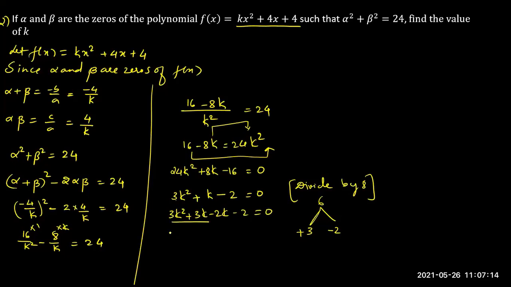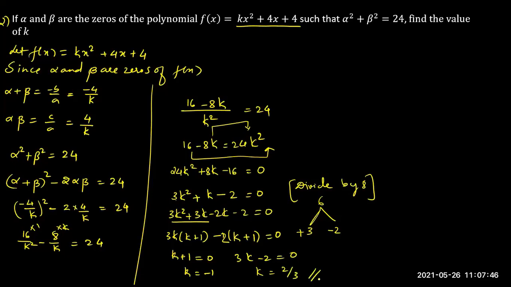The common factor is 3k, k plus 1, and minus 2 is common, so it is k plus 1 into 3k minus 2 equal to 0. So k plus 1 equal to 0 and 3k minus 2 equal to 0. So k is equal to minus 1, k is equal to 2 by 3. So these are the two values for k here.